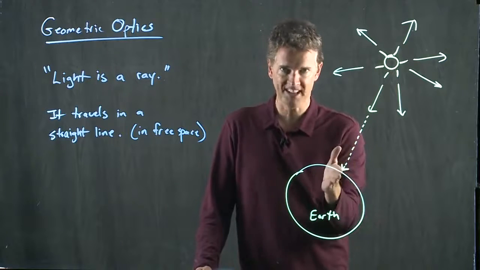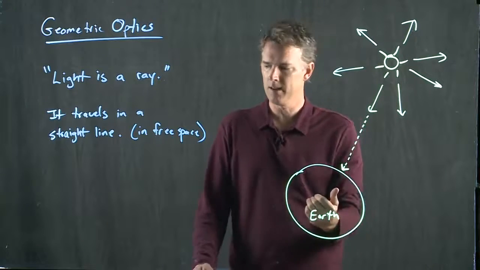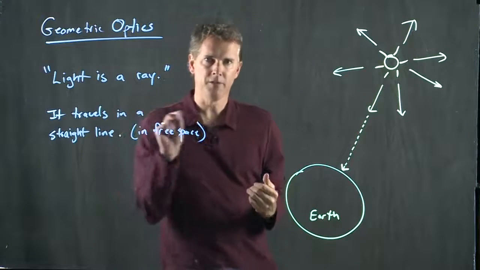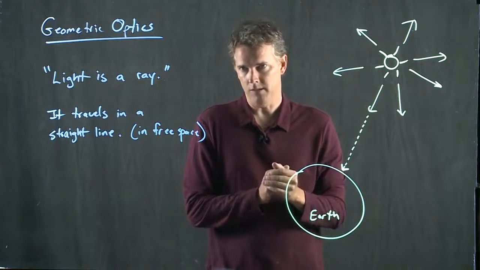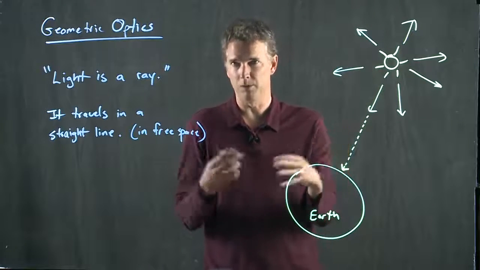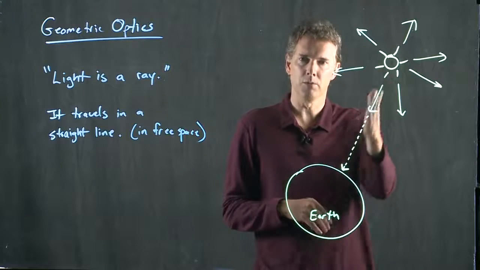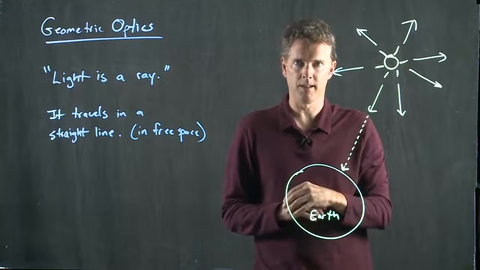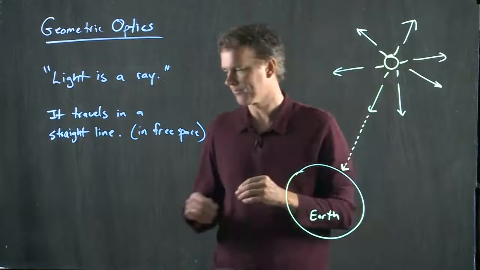This was the sink of the ray. Started there, ended there, traveled in a straight line. The fact that it travels in a straight line lets you determine exactly where that star is. Now, it gets a little more complicated once we get to general relativity, but for now, just consider those rays moving really in a straight line. You look up, came from there, that must be where the star is.